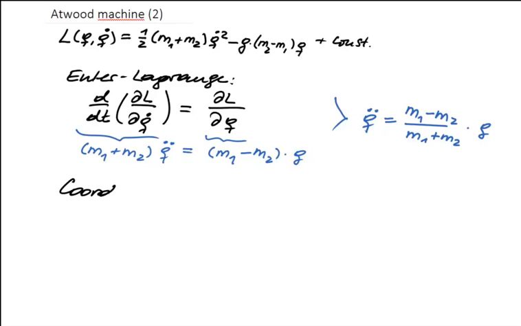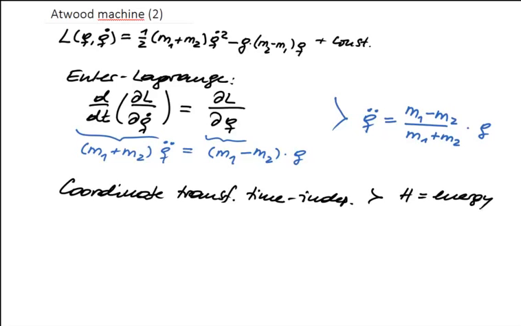So coordinate transformation time independent means the Hamilton function is equal to the total energy. The Lagrange function does not depend explicitly on time. This is 0, implying the Hamilton function, which is equal to the energy, is conserved, is a constant.